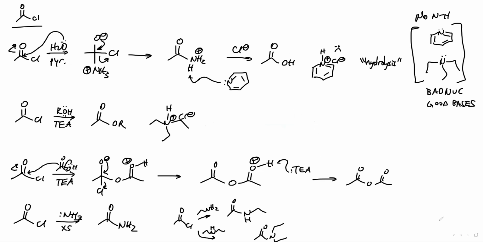Okay. So what other reactions can we do with the acyl halide? Well, we can reduce acyl halides, so reductions is also something we are capable of. And remember, our most powerful reducer is going to be lithium aluminum hydride.